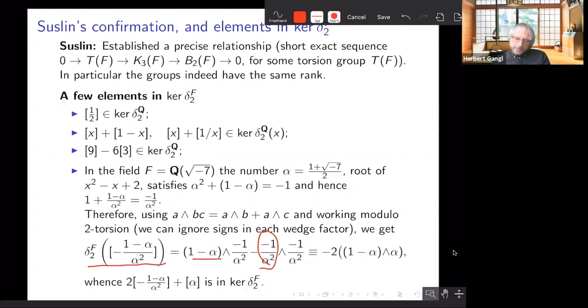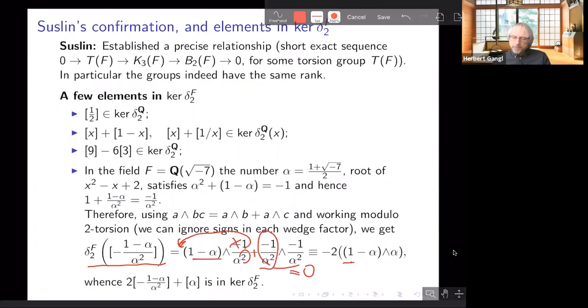So here it's plus. And those two together, this becomes 0 because a wedge A is 0, and the power 2 comes in front, and we can ignore signs.